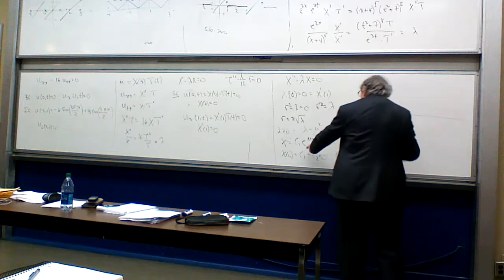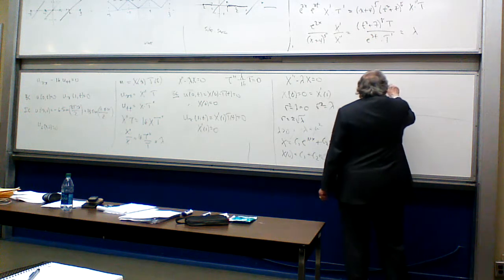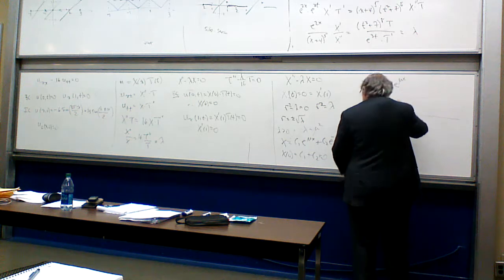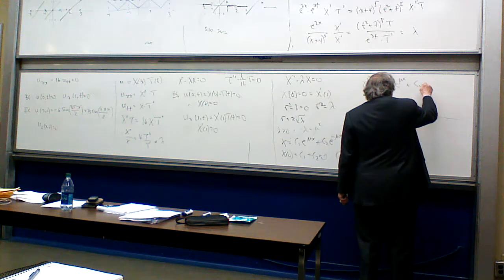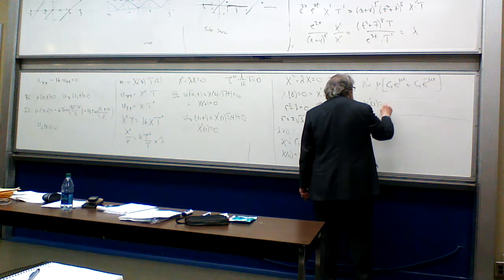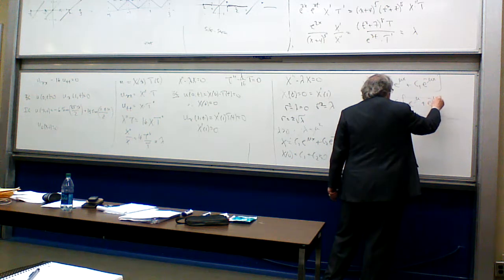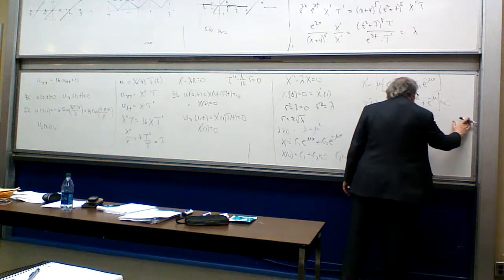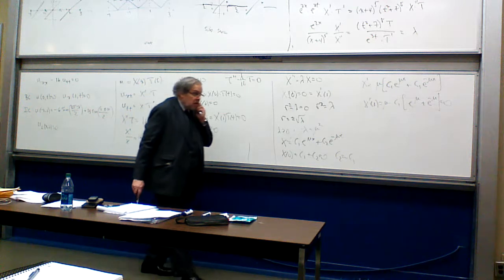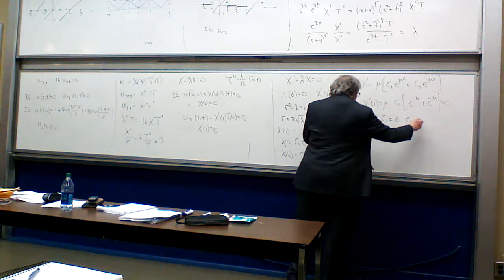X prime is mu c1 e to the mu x, and since c2 is negative c1, minus c1 e to the negative mu x. X prime of 1 is mu c1 times e to the mu plus e to the negative mu equals 0. So c1 is 0, c2 is 0.